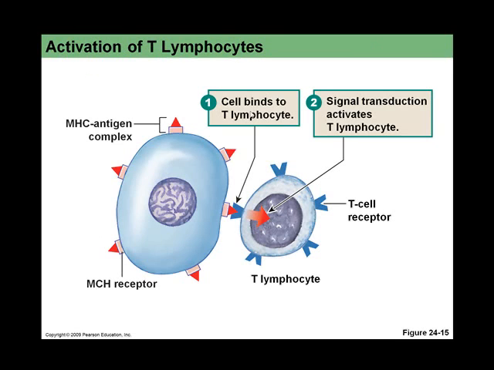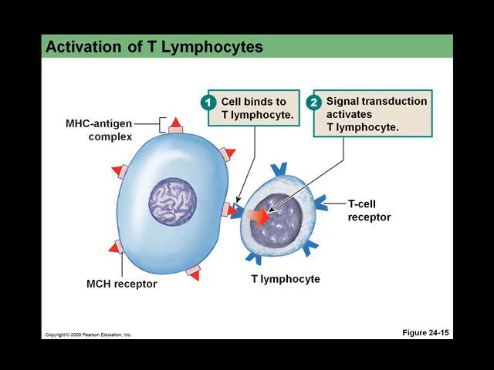So activation of T lymphocytes. So the cell binds to the T lymphocyte. So remember, this is a macrophage, or the antigen-presenting cell with the MHC receptor. So remember that picture from the first presentation. So after phagocytosis, that ends up presenting the antigen on the surface with the MHC.